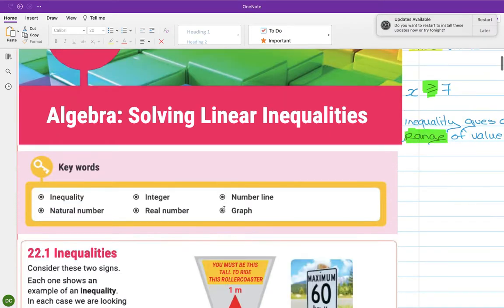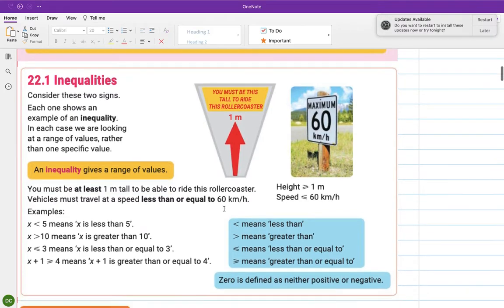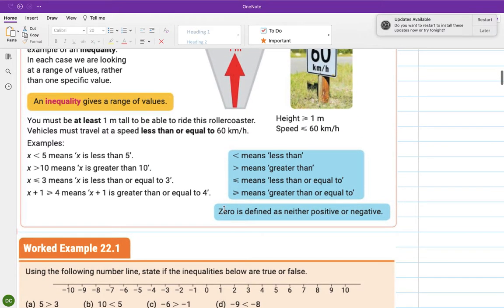In terms of doing the maths, there's not massive differences. These are important. We did these, I think, in first year, so we have gone through these before, but it's important to know and be able to read the signs. When we read inequalities, we start from this side and read across it the same way you read English.